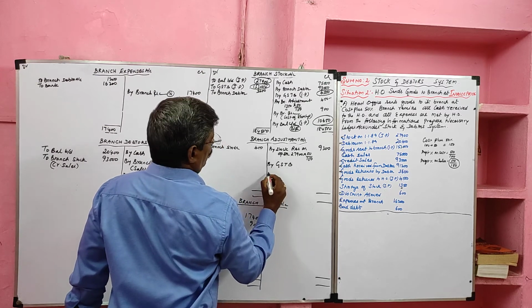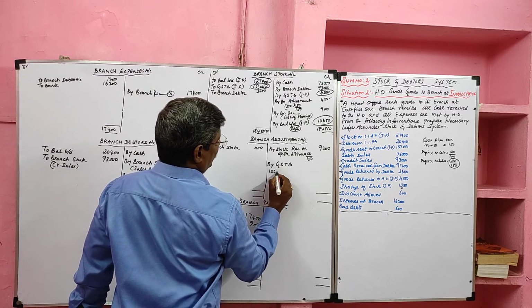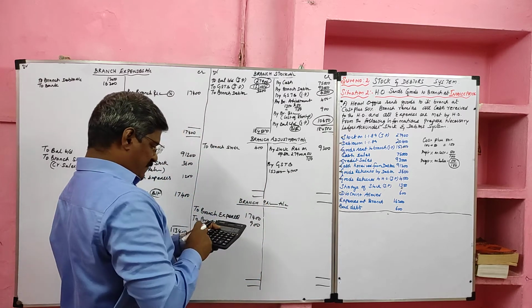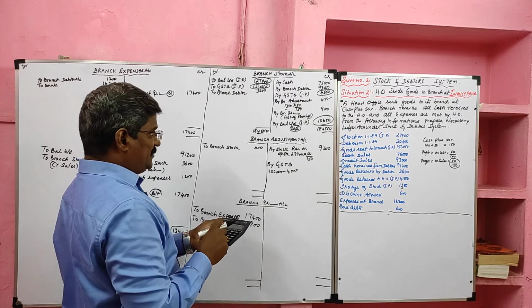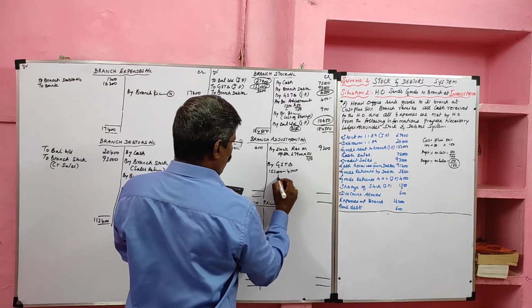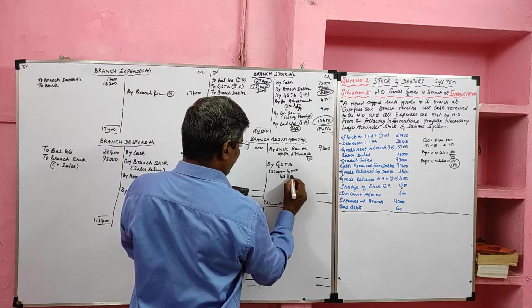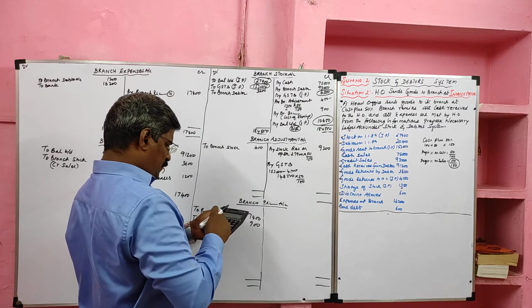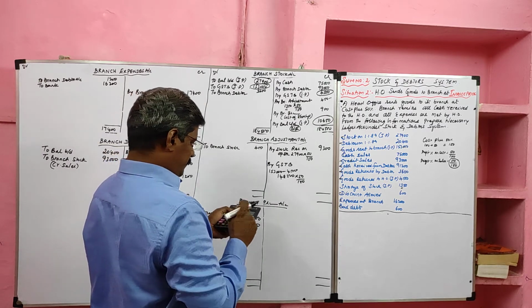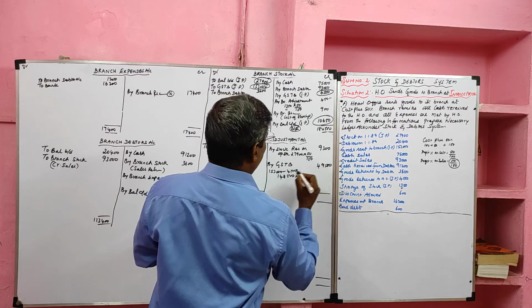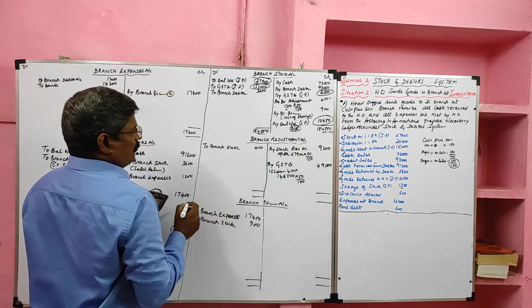That value for the stock reserve: 1,53,000 goods sent to the branch, of which 4,500 returned to the head office. So balance we have 1,48,500. On that we should take a stock reserve into 50 by 150: 49,500.